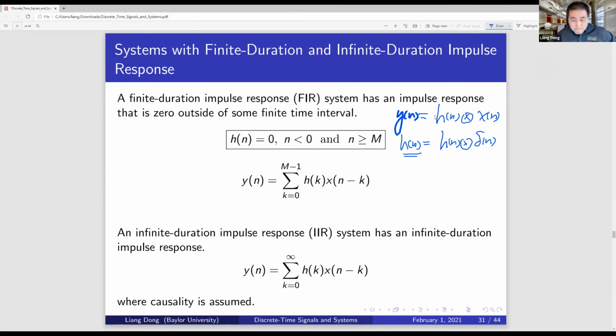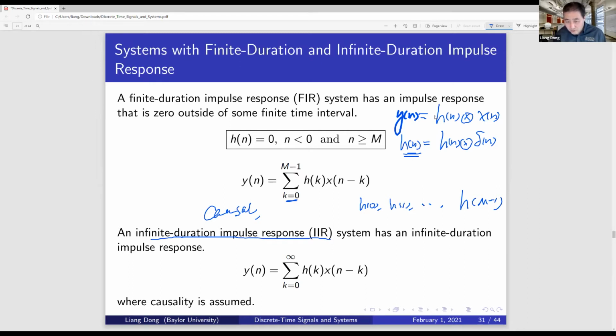In practice, a system is usually a causal system. And the system has a finite duration impulse response, which means this h starts from h[0], then h[1], and goes all the way to h[M-1] if the order of my system is M. So I have M non-zero values.